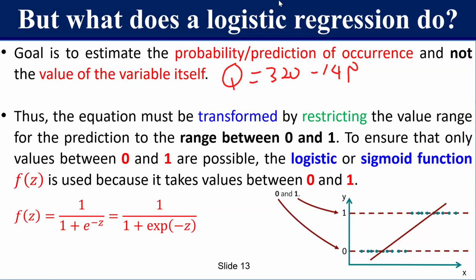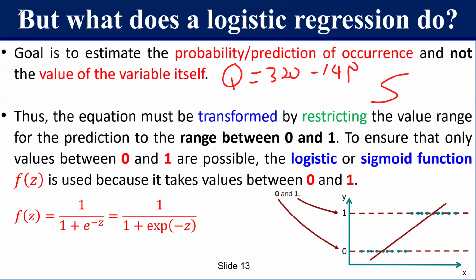The logistic function is also known as a sigmoid function. The sigmoid function looks like an S. And this function is given by what you see down here. Every such mathematical equation has a sigmoid function somewhere.